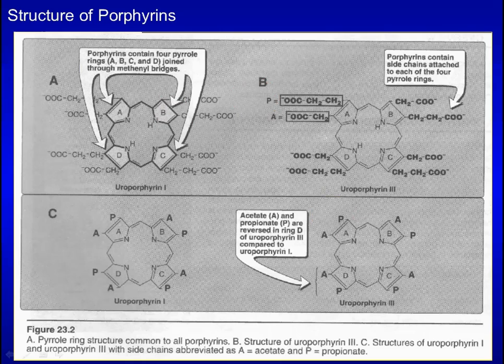There are four ways side chains can be distributed around the pyrrole rings, named with Roman numerals 1 to 4. Here are uroporphyrins 1 and 3. What's the difference between 1 and 3?